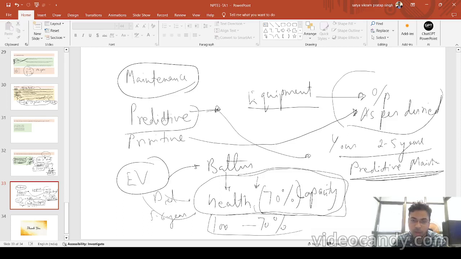This means you are doing a predictive analysis that you will need a new battery after its health reduces to 70% capacity. That is predictive analysis of your battery for the EV. Okay. I think I have answered your question. If you have any other doubt. Yes, sir. Thank you very much. Okay. Any other doubt, guys?